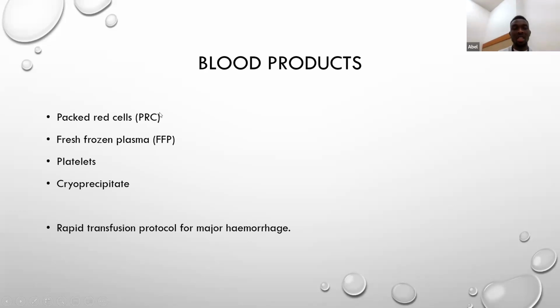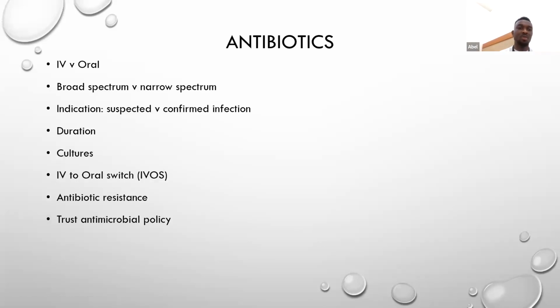Actually, at least in my trust, there's no electronic part of red blood cell prescribing. So you need to phone pharmacy for it, fill out a prescription, and it would be sent. And then there's the rapid transfusion protocol for major hemorrhage, which is beyond the scope of this presentation.